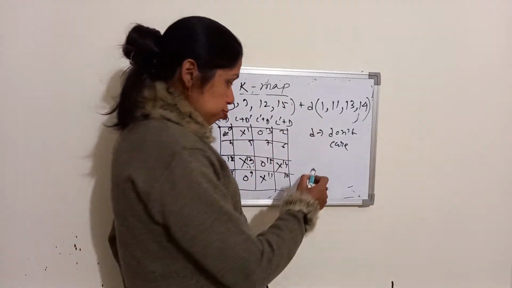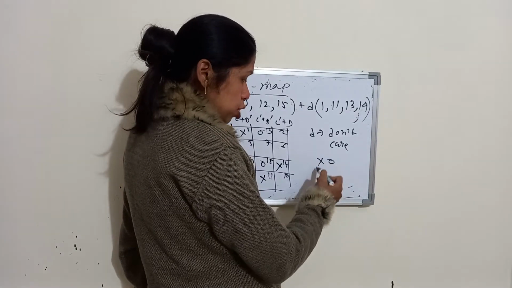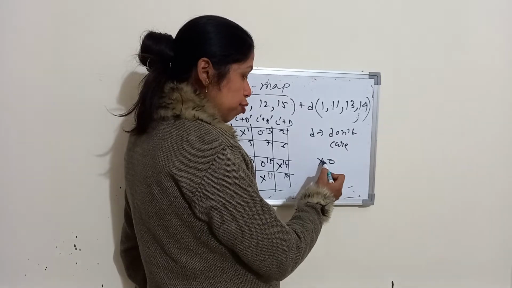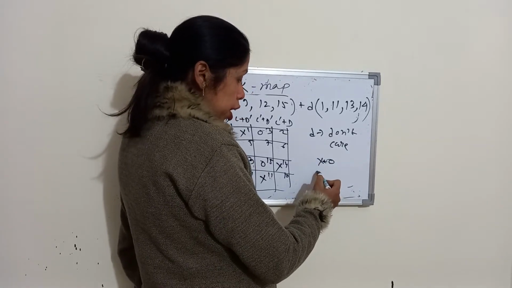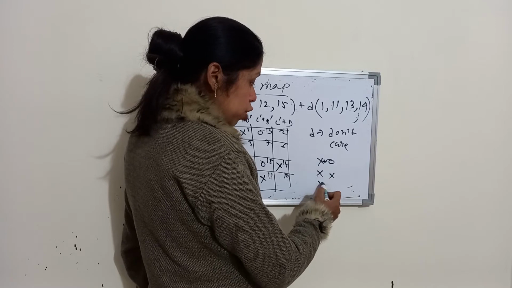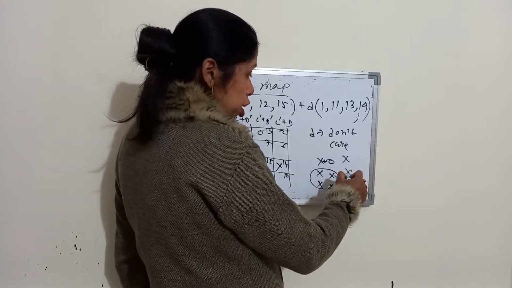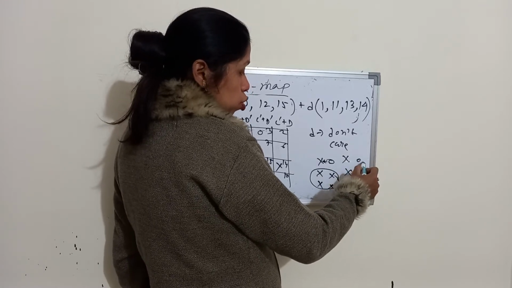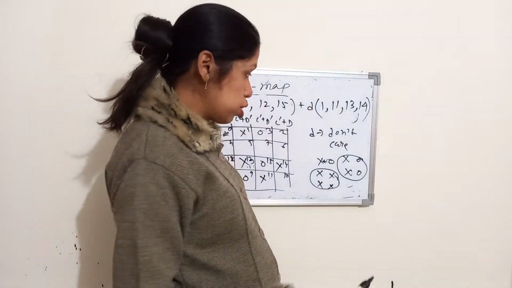Suppose along with a don't care you have a 0. For grouping of 0, I have to consider that don't care. If you have only don't cares, this grouping is not required. But along with the don't care, if you have zeros, then for grouping of 0 you group both the don't care as well as the 0.